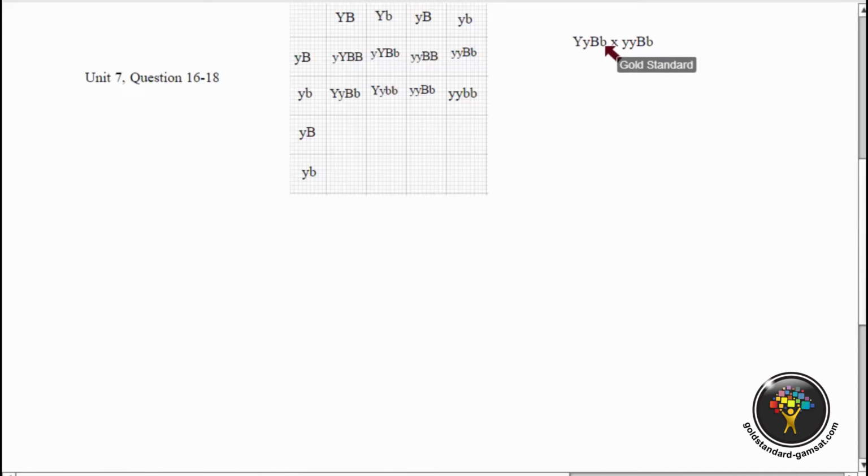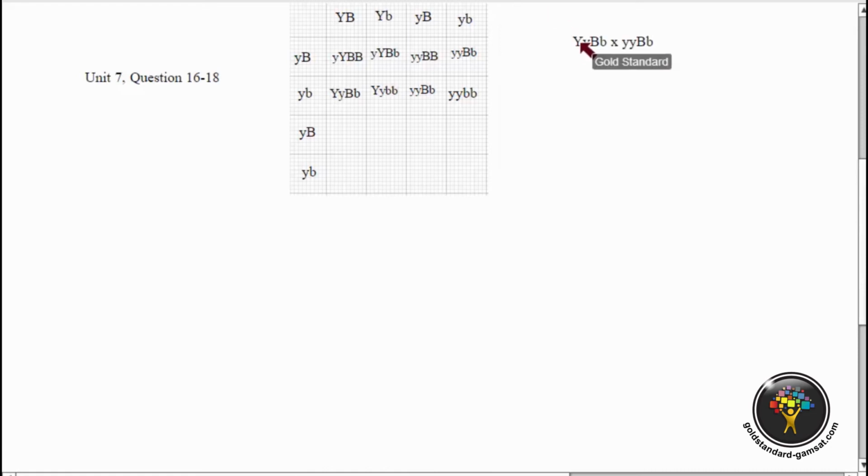Big B is dominant, small b is recessive. So this would be called heterozygous for the condition Y, heterozygous for the condition B. Over here, we have two recessive alleles, so it's homozygous for the recessive allele y and heterozygous for the trait B.